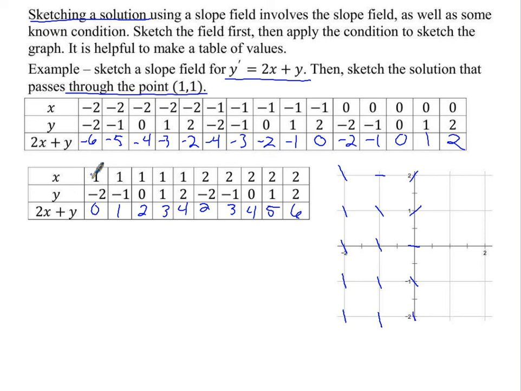Now for positive 1, negative 2, we have the 0, and then 1, 2, 3, 4. Finally, positive 2, negative 2 has a slope of 2. That's going to be tough to draw. And then 3, make it steeper, steeper yet, very steep. There you go.